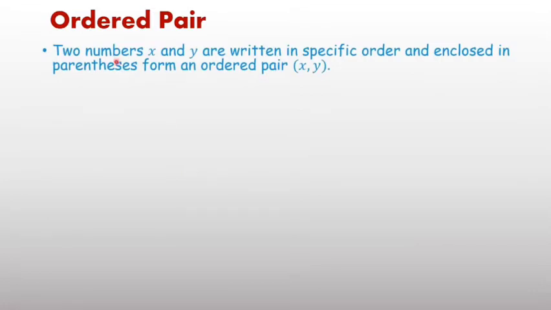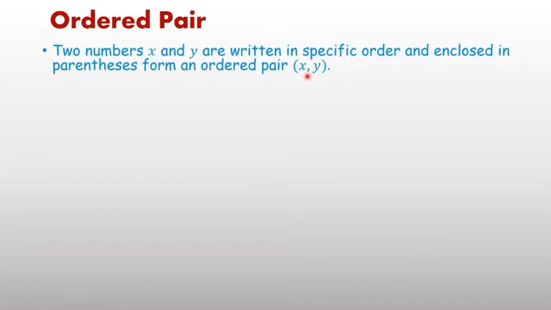Before the Cartesian product of two sets, first we should know what an ordered pair is. An ordered pair means two numbers written in brackets in a specific order.